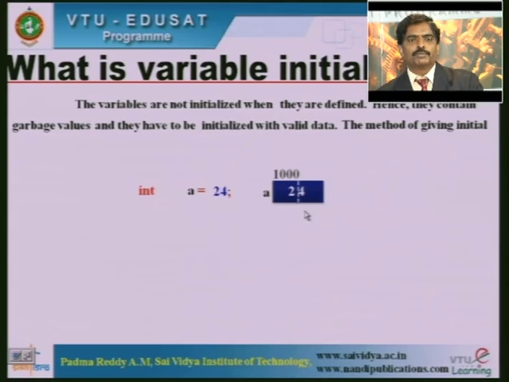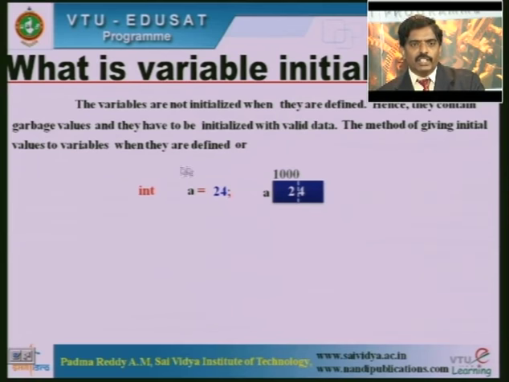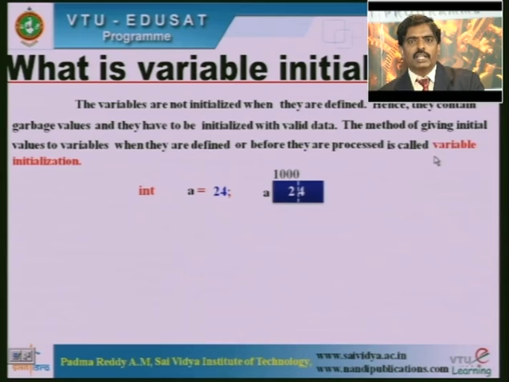Now the junk value is replaced with what? 24. The method of giving initial values to variables when they are defined like this, or before they are processed, is called variable initialization. So this is the variable initialization. It is part of the declaration only. So what is variable initialization? The variables are not initialized when they are defined.